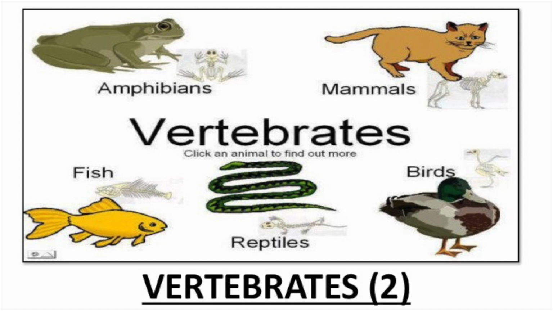And the one thing we know they all have in common, even though they're different animals, they all have a backbone, because that's what makes them a vertebrate. Remember in previous lessons we learnt about invertebrates. They're the animals that don't have a backbone. Now we're looking at the second group, vertebrates, the ones that do.